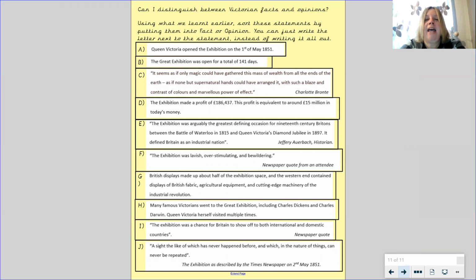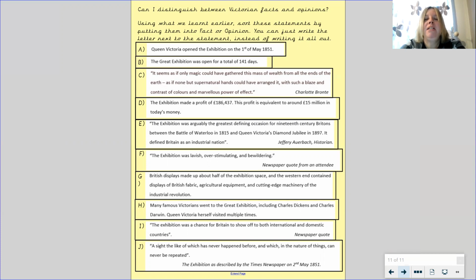So let's look at A. Queen Victoria opened the exhibition on the 1st of May 1851. Is that a fact or is that an opinion? Have a little think. It is a fact because it tells us the date on which Queen Victoria opened the Great Exhibition.